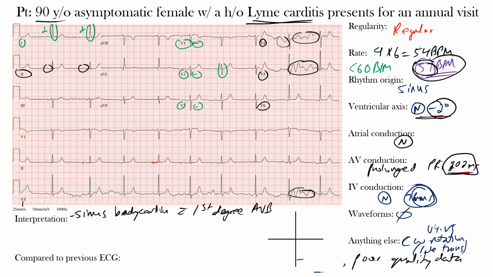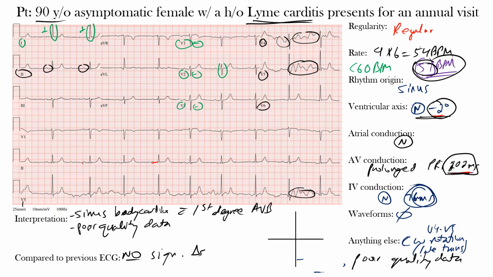And we also want to note that poor quality data present here, okay? And the poor quality data is just a mention of that artifact that we saw, okay? And the other thing is, when we compare it to the previous EKG, there were no significant changes that we saw, okay?